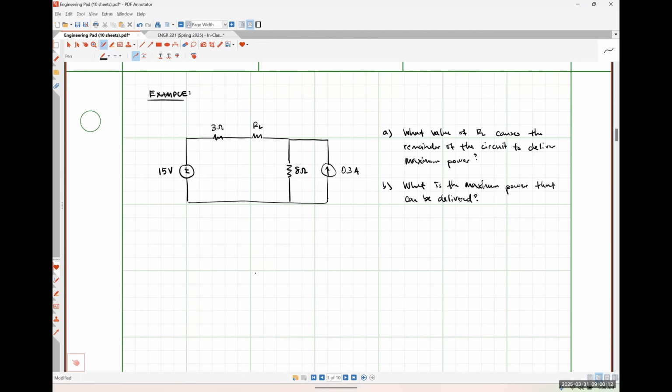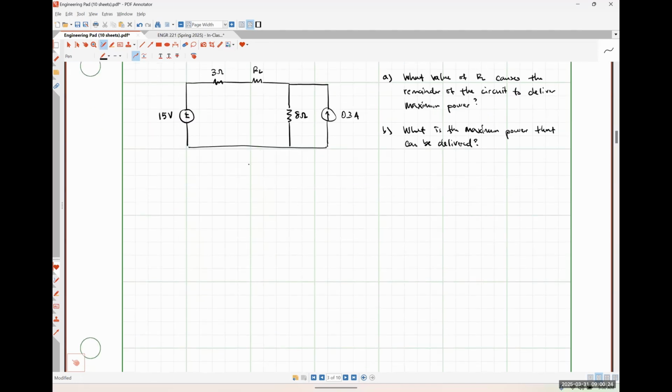So two steps essentially. So what's 8 ohms in parallel with 0.3 amps going to look like? 2.4 volts in series with 8 ohms, right? You're ahead of me, Matthew. It's all right.